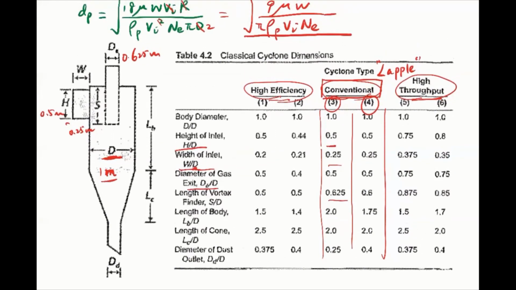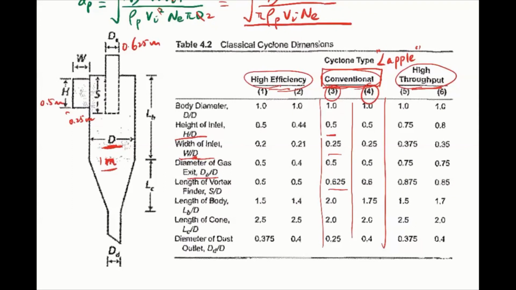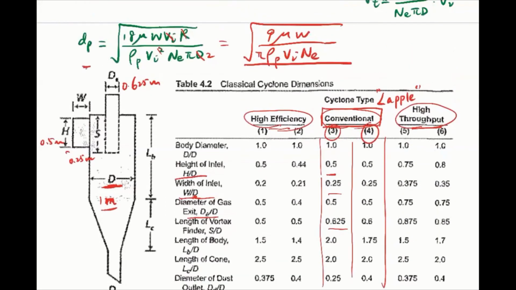So here we know that once we know the dimension, and if we know the flow rate, we should be able to calculate what is the critical size, or what is the cutoff size, right? We just need to know what is the air viscosity, right? The width of the inlet, the particle density, the inlet velocity. Right? Inlet velocity is just the flow rate divided by the cross-section area of the inlet, right?